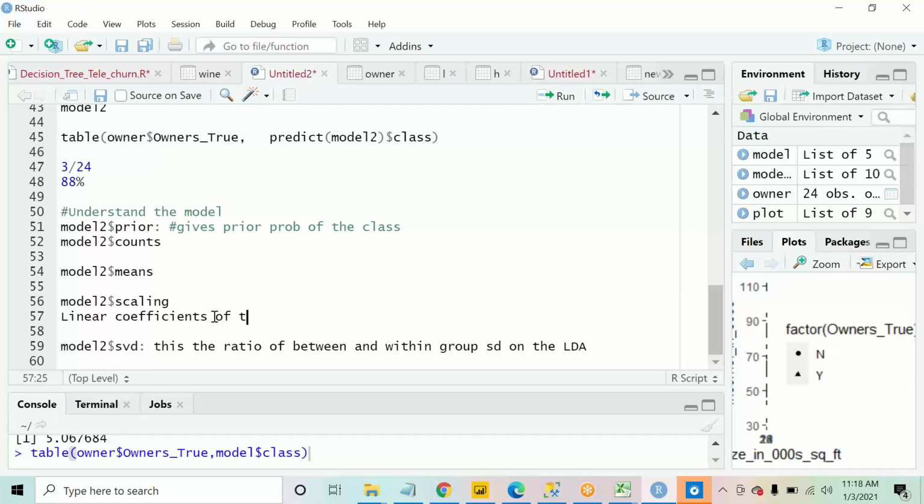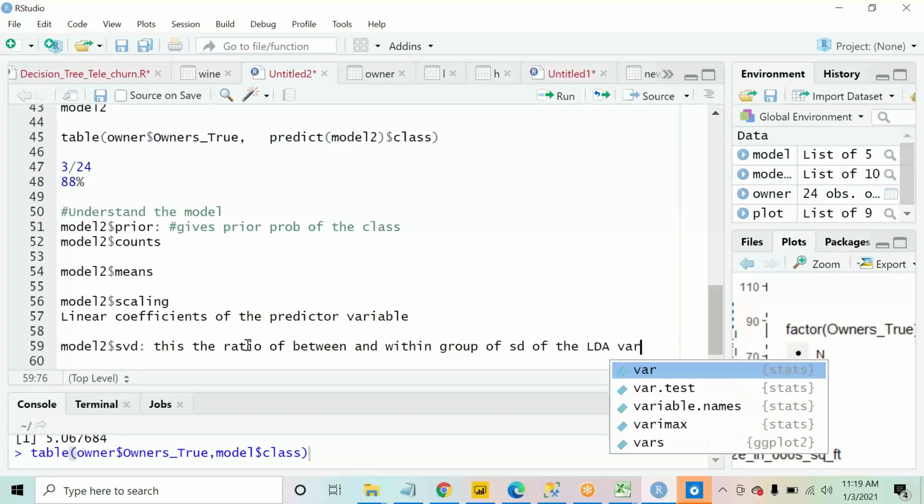It gives you the linear coefficients of the predictor variables. And then it also gives you the ratio of between and within group standard deviation on the LDA variables.